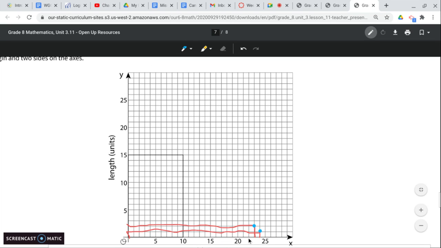Then we have 3 and 22. We have 4 and 21. We have 5 and 20. 6 and 19. 7 and 18. 8 and 17. 9 and 16. 10 and 15.